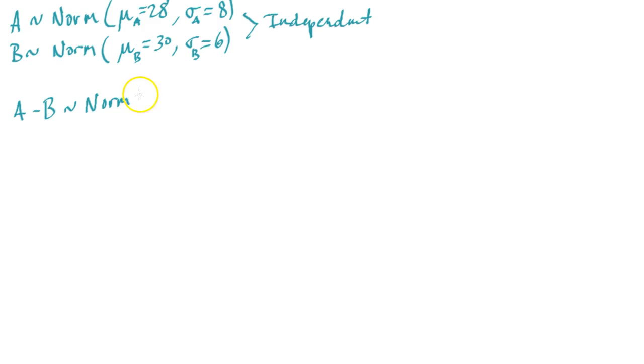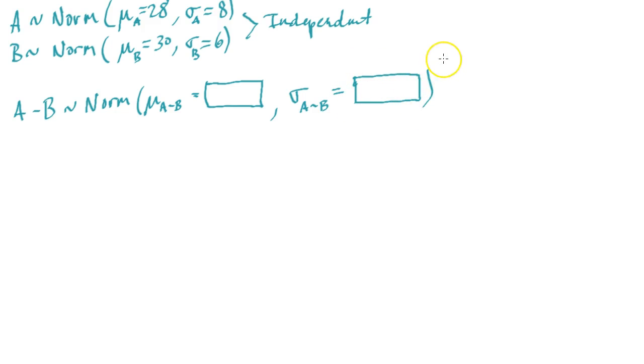We want to figure out mu of A minus B, what that's equal to, and we want to know the standard deviation of A minus B. When combining independent variables, we have the ability to deal with standard deviation or variance.